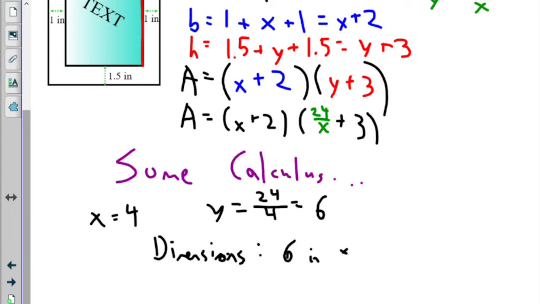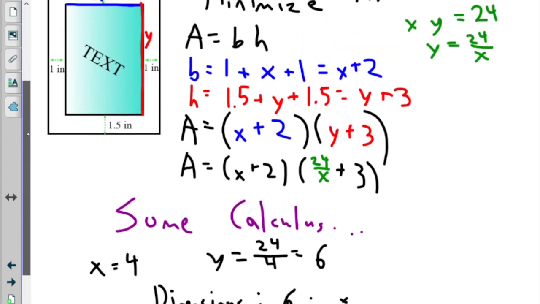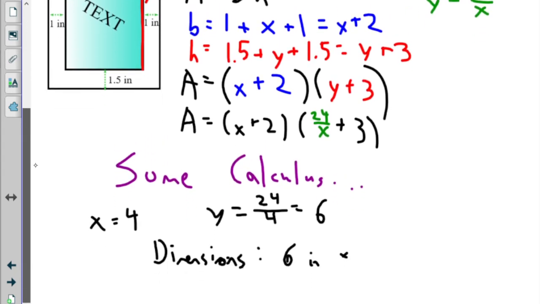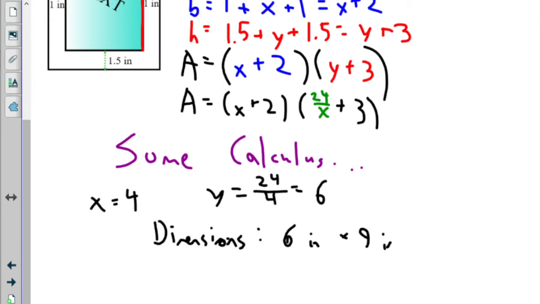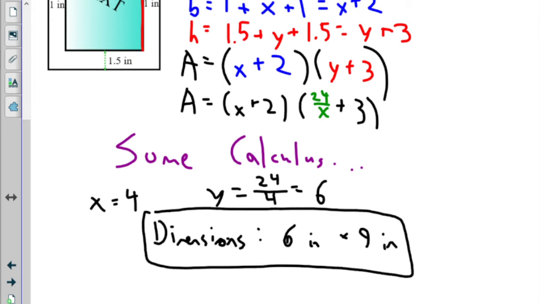And then our height is our distance of 6 plus our margins, will give us our total dimensions. So those are the dimensions that will give us the smallest amount of paper possible to work with how much text we need on the page.